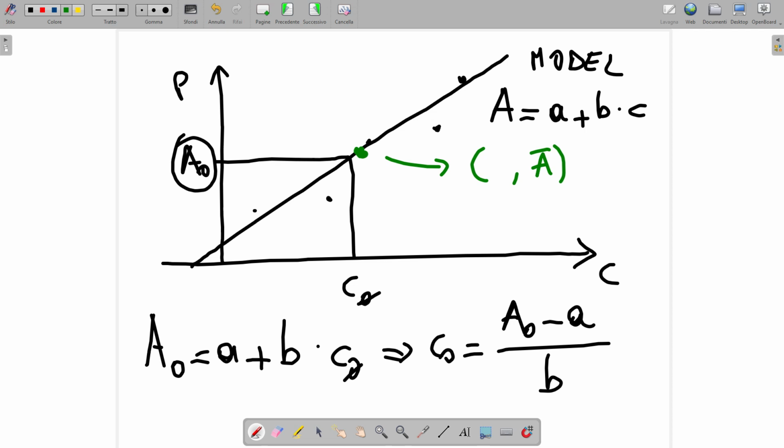In this plot, the average is not on the curve itself, but there is a point of the straight line having that average as ordinate. So this green point has as ordinate the average of the areas that we have read for the standards. Of course, this point has an abscissa, and it will be the average of the concentrations of the standards.